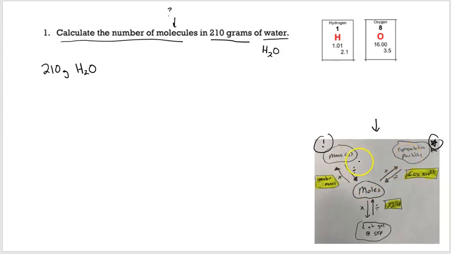So I'm going to have to do not one calculation, but two. I'm going to separate this out into two separate calculations, but I'll also show you how you can do it all in one shot if you want to. So I have 210 grams of water. Now I can divide that by a fraction.